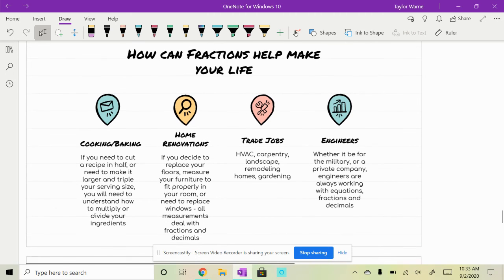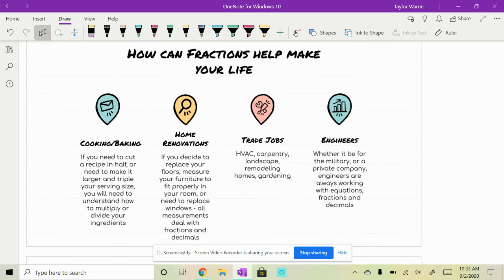All right, so how can fractions help make your life easier? The first thing, which is very common, is in cooking or baking. If you need to cut a recipe in half, maybe it serves 4 people, but you're only cooking for 2. You would have to cut every single measurement down by half.